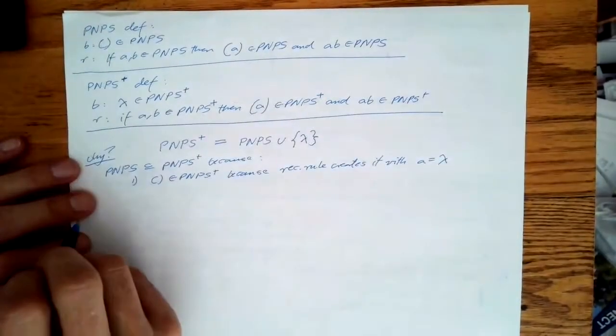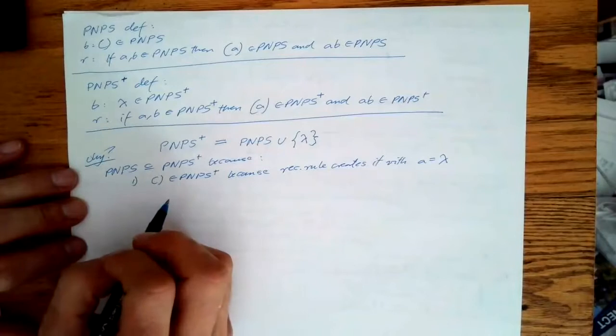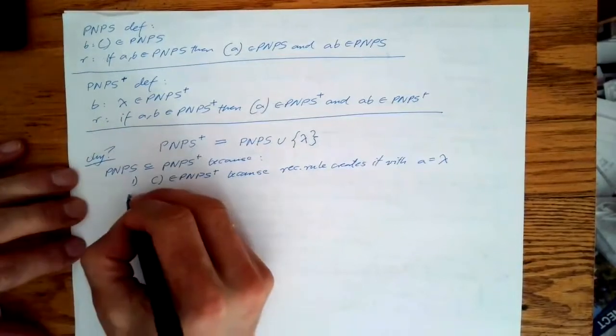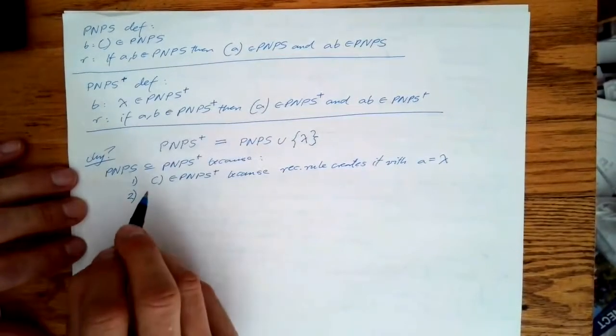Namely, this part of the recursive rule will create this as an element of PNPS plus.